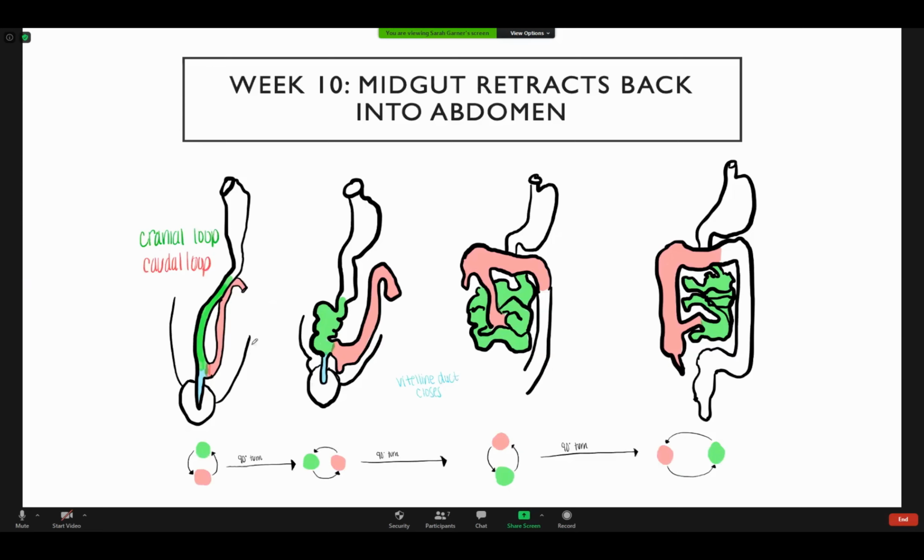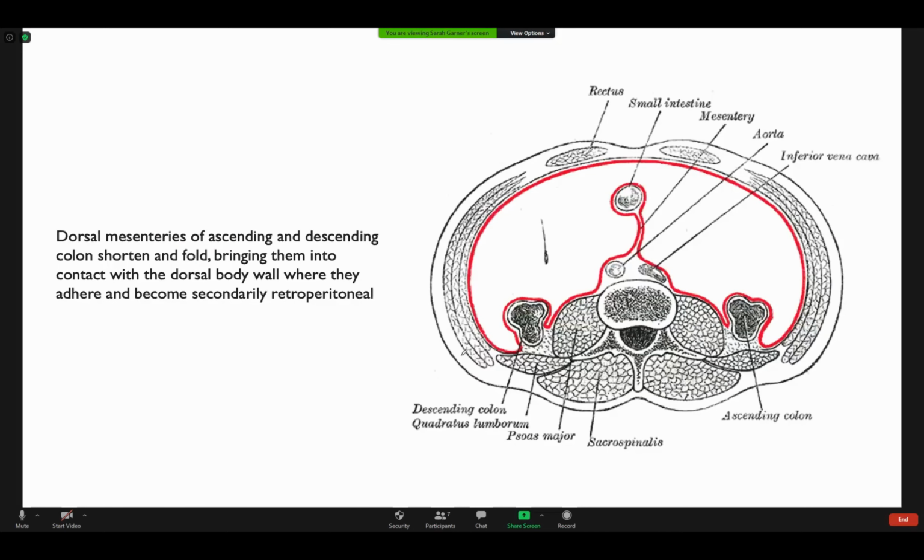All right, so we had the elongation, we had the herniation into the umbilical cord, we had some rotations, we had our vitelline duct closing, and then we had our last rotation, and we're now in anatomic position. But are we done at this point? The answer is no. We still have one more step here, which is that the ascending and the descending colon are both kind of shoved against the posterior abdominal wall.